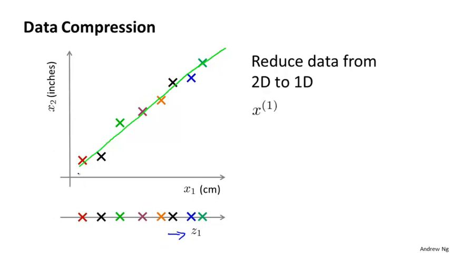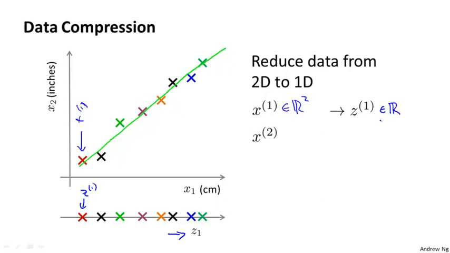And what this means is that whereas previously, if I had an example x1, maybe this was my first example x1, in order to represent x1 I needed a two-dimensional feature vector. Instead, now I can use just z1 to represent my first example, and that's going to be a real number.